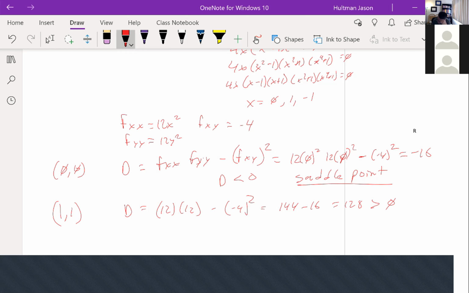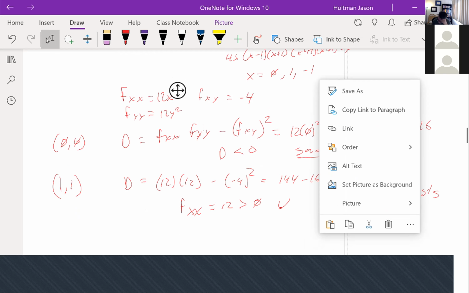But what about f of xx? Well, f of xx is equal to 12, which is greater than 0. So since D is greater than 0, it means that there is a local extremum. And f of xx greater than 0 means that it's concave up, which means that it's going to be a local minimum.